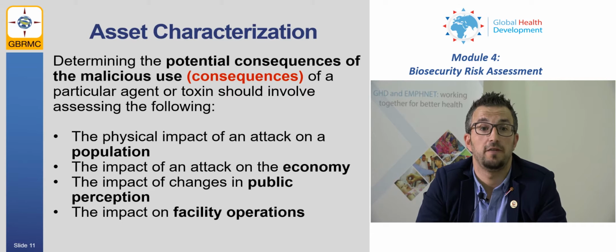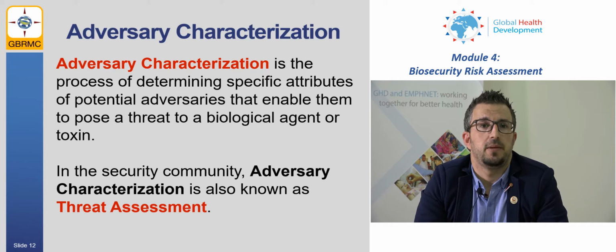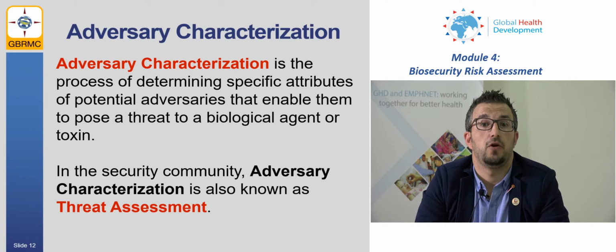We should also characterize the consequences. What if this agent was stolen or released to the community, and what type of effect can it cause? Sometimes it can affect the population, and sometimes the economy, and the public perception, especially of the institution, and sometimes it could affect the facility operation.